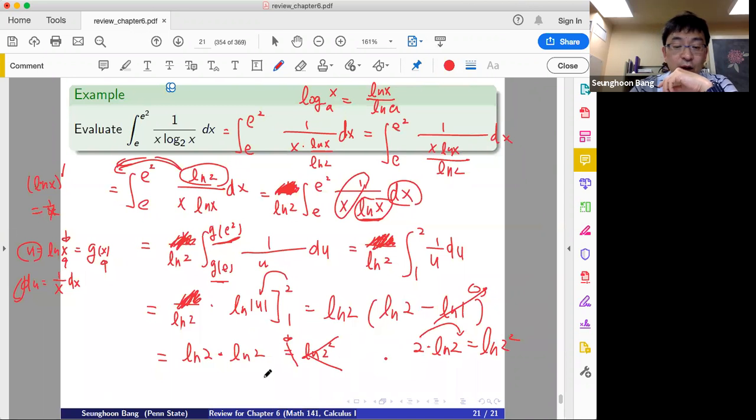What does it mean? Don't write. ln of 2 times ln of 2 is only ln of 2 in parentheses squared. So like this. This is your final answer for solving this problem.